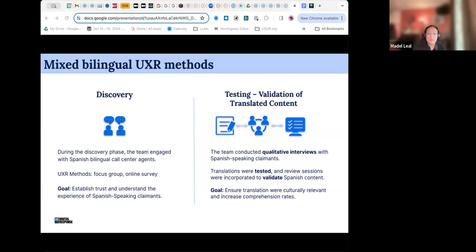Then we employed testing, and this helped us validate the translated content through qualitative interviews with Spanish-speaking claimants. These translations were tested rigorously, validated, tested, and again iterative in our process. Our goal here was to ensure translations were culturally relevant and, of course, increase comprehension rates.